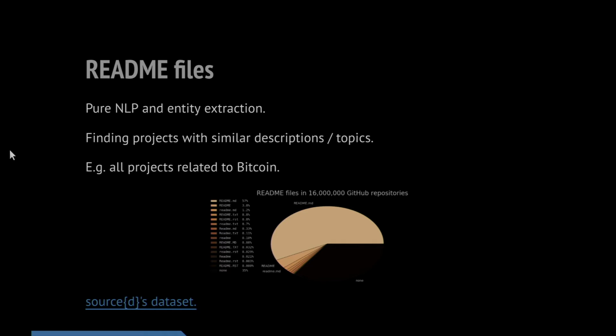So we have a data set, by the way, extracted from all of GitHub. It's about 16 million GitHub repositories. And as we see, only 2/3 have README files. Well, it's still a lot, so I think it's useful to play with.